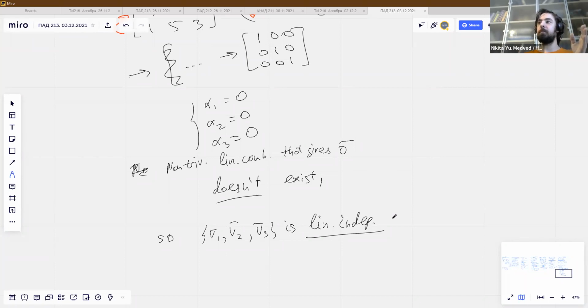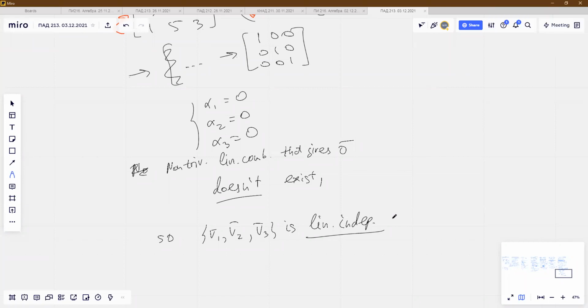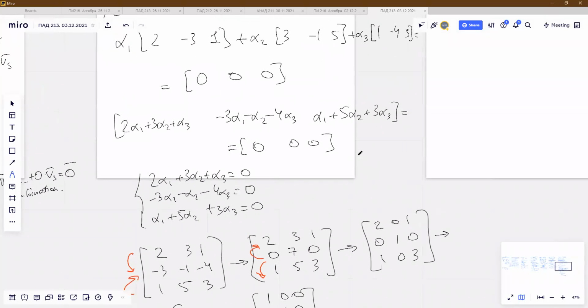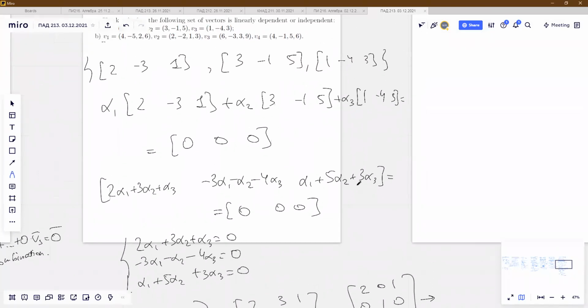Was it easy? Sorry, can I have only one question? Mm-hmm. I just didn't get why when we multiplied alpha2 on the brackets, everything got minuses. Like we have here -3 alpha, minus alpha.